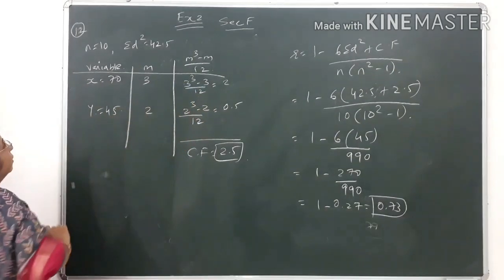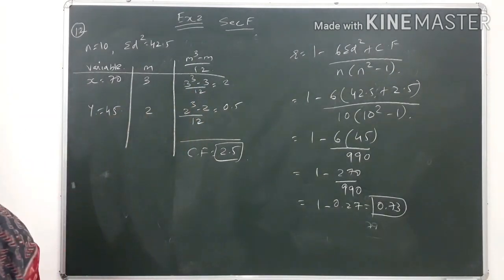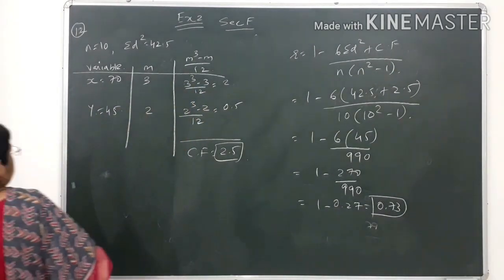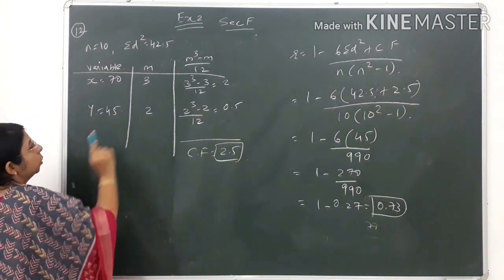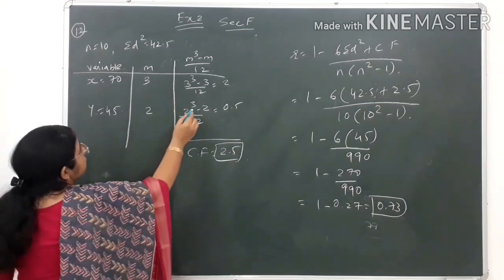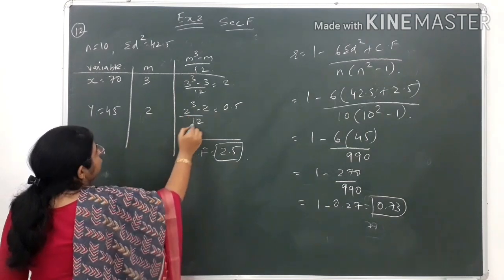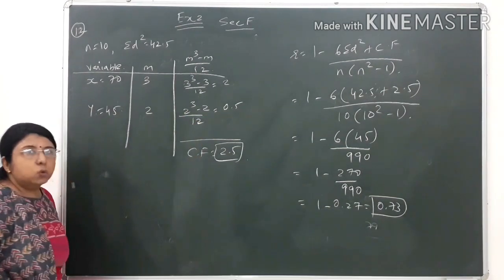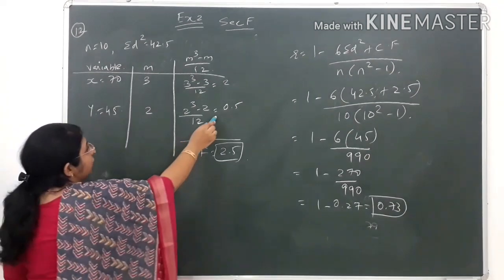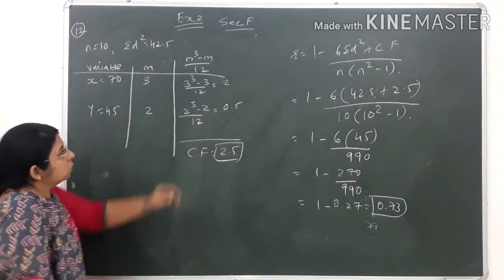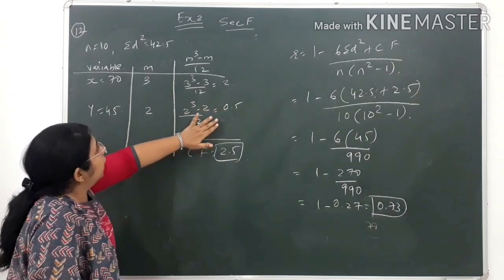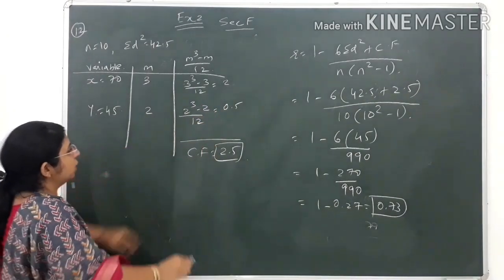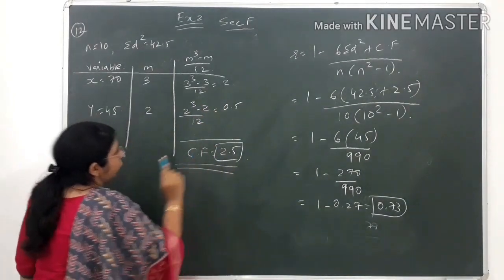In the same way, the value of variable Y, 45, is repeated 2 times here. So again the same equation, 2 cube minus 2 upon 12, 2 cube means 8, 8 minus 2 would come to 6, and 6 upon 12, so it would come to 0.5. So the total would come to 2.5, so the CF value would come to 2.5.